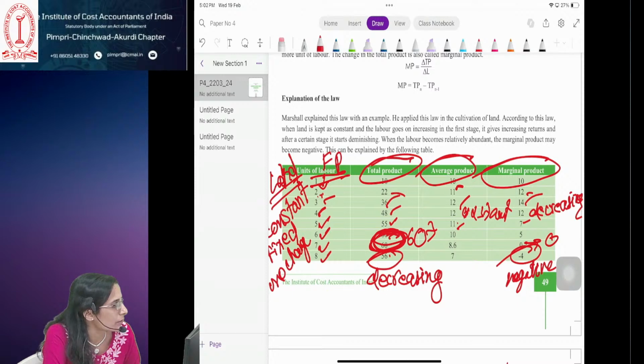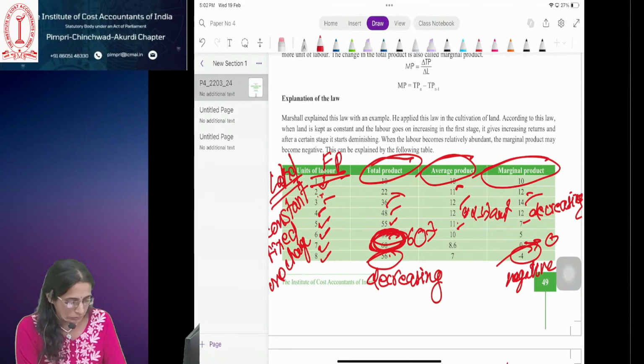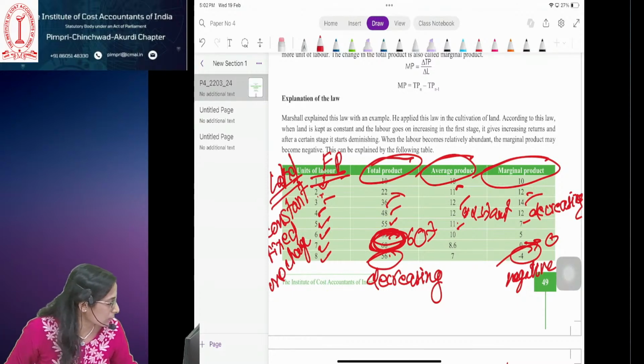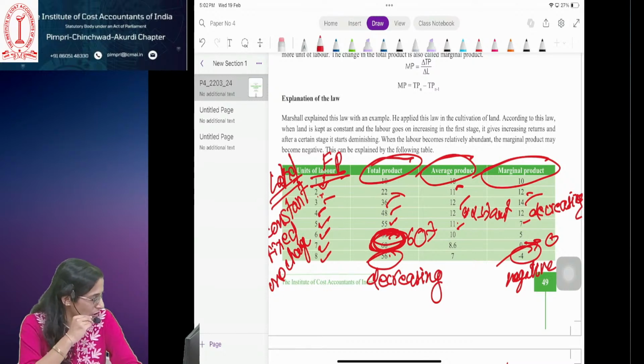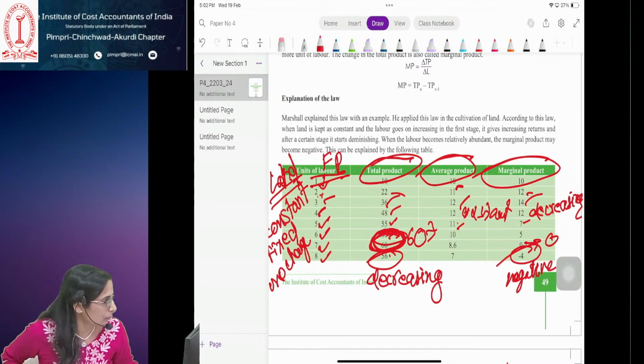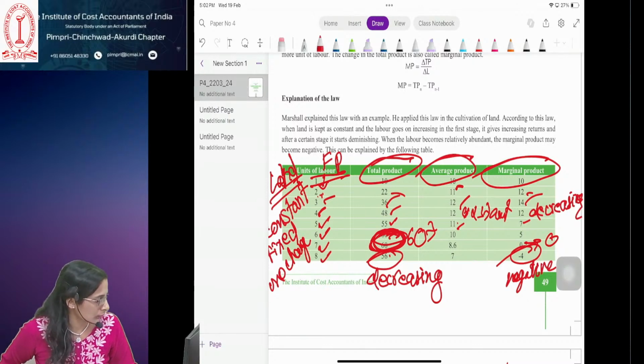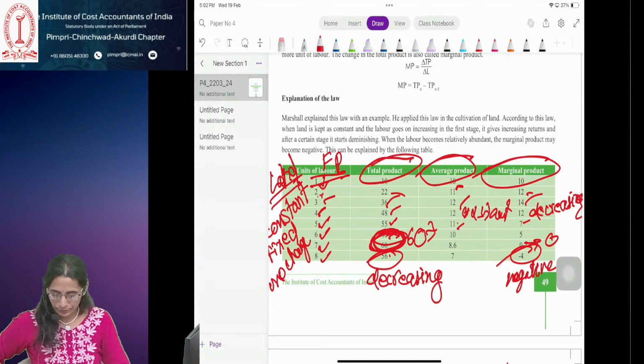And she's typing something. There are so many technical glitch issues. Okay. Hello, Sheila, I am audible, right? Okay, we can continue. Okay.